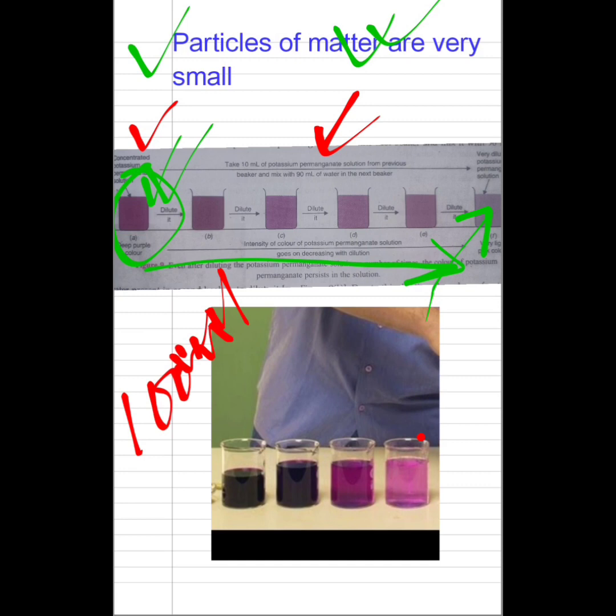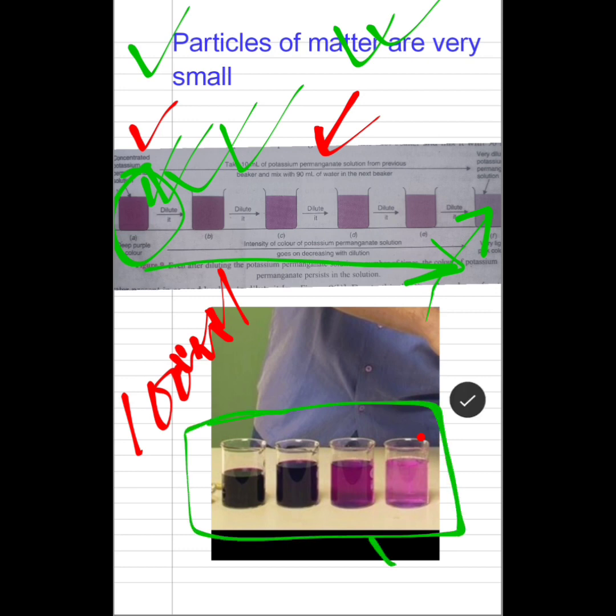Though the color is not that bright, because the number of particles of potassium permanganate decreases on each dilution. So this is the reason that the more water we add, the fainter the color gets, but this faint color also contains potassium permanganate particles. So this explains that particles of matter are very small.